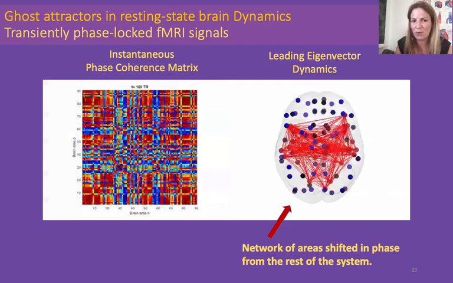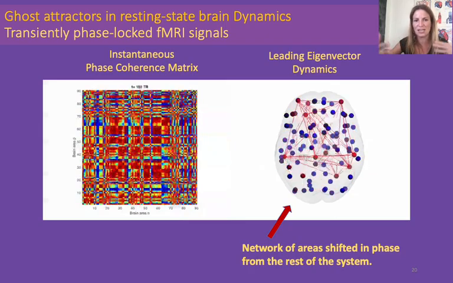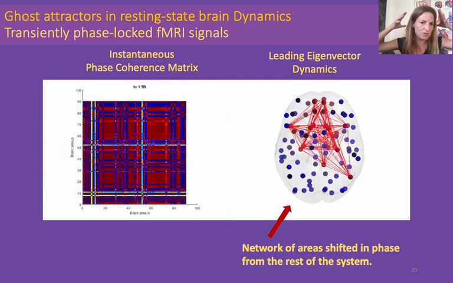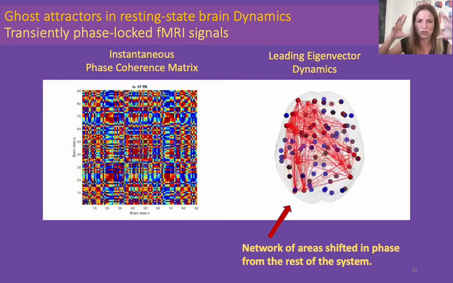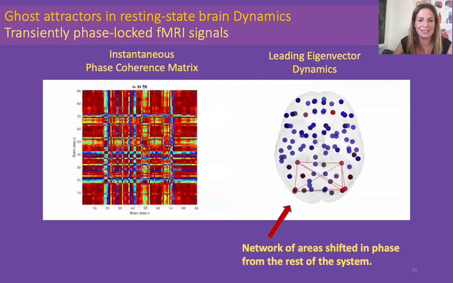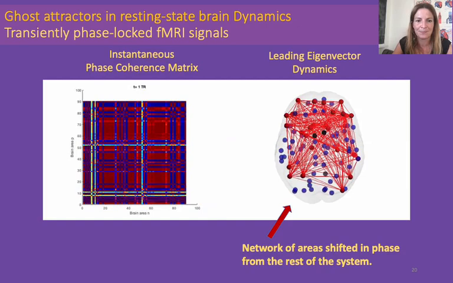And this may appear very random, but if we look closely, we find that there are some patterns that recurrently appear, that sometimes relate to the default mode network, sometimes more to the frontoparietal system. So there is some structure in this activity that is interesting to characterize.